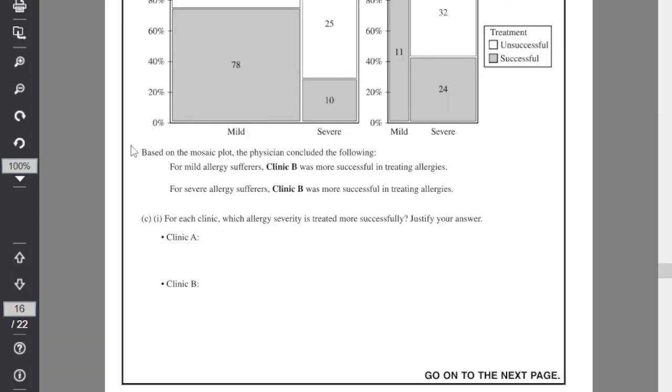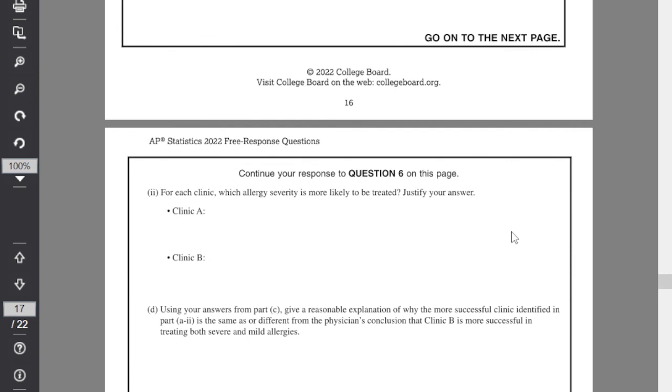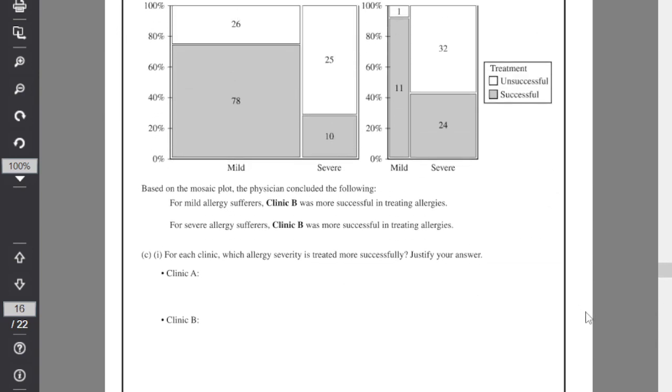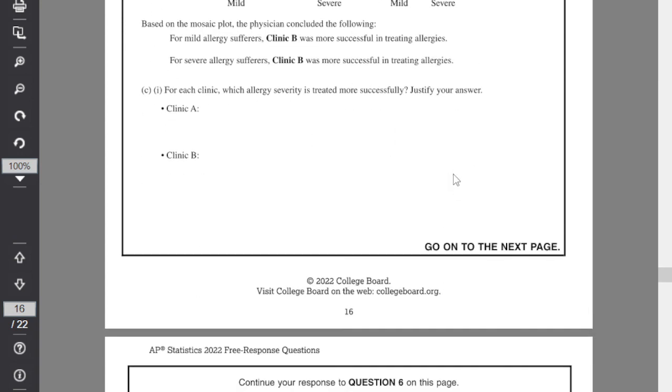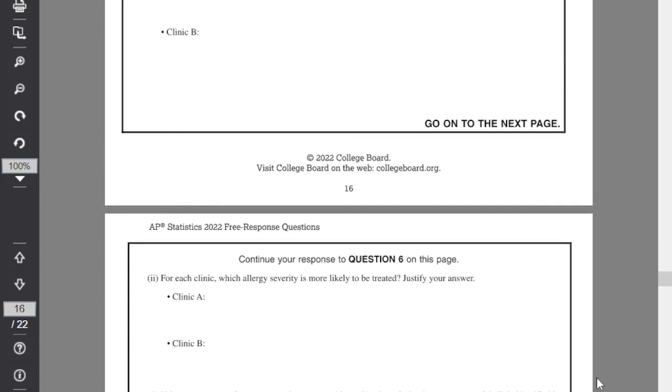Here are your designs. For the record, I had to read this like 4 times to figure out what the difference was between what this was asking and what this was asking. Was it not the same question? It was not the same question. This one was asking which allergy is treated more successfully, so you're looking at the success rates and the success percentages. Over here, it's asking which allergy severity is more likely to be treated.